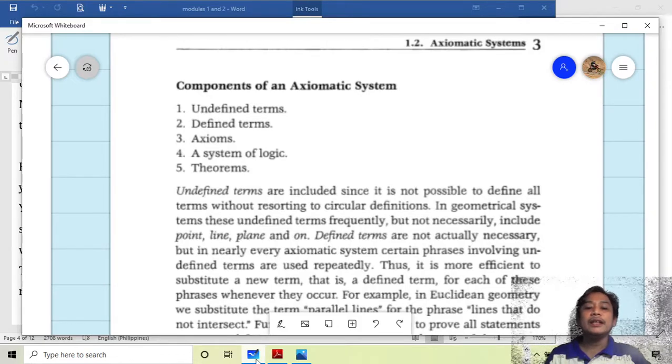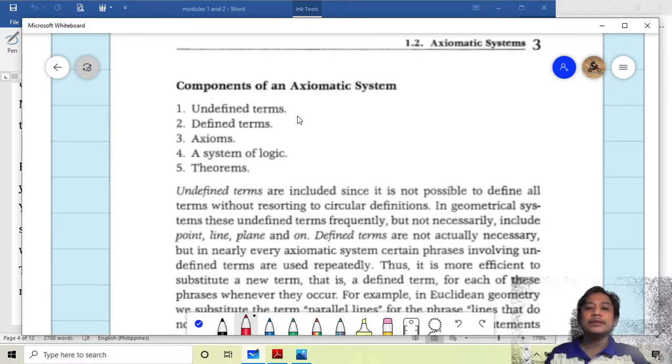First, you have the undefined terms. Undefined terms are terms which are included in the discussion but need not be defined. Why? Because if we are to define all terms, we just end up making a loop. For example, if we are asked to define what we mean by parallel lines, these are lines that do not intersect. If you are to define what is a line, we say a line is a set of points extended in opposite directions.